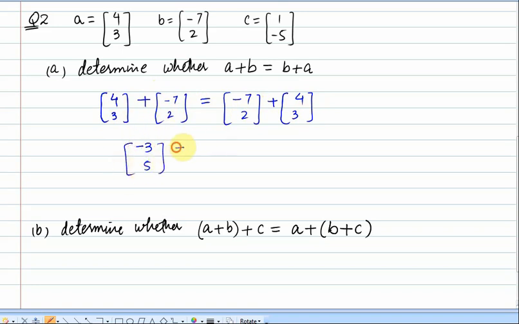On the right side, minus 7 plus 4, it's minus 3, and 3 plus 2, 5. So they both are equal.